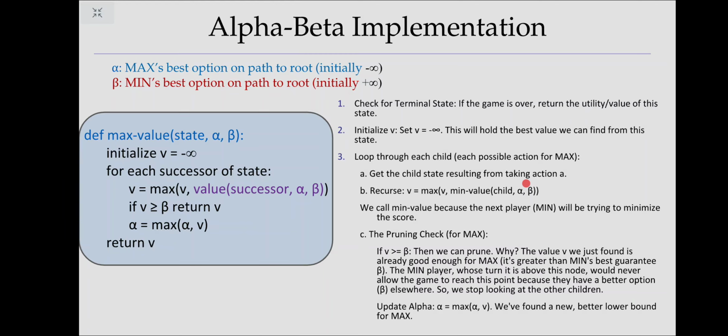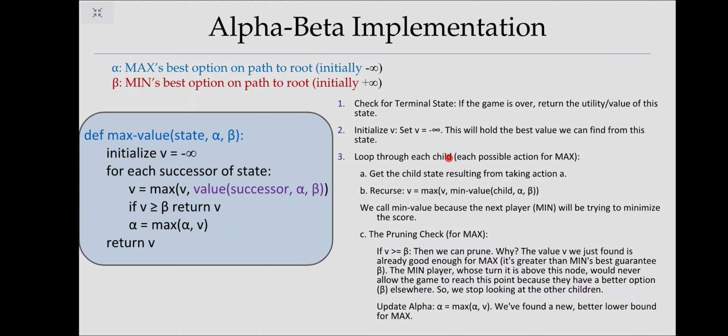Otherwise, in step 2, we initialize v equal to minus infinity and try to improve the value of v. In step 3, we have a loop over all children with respect to different actions.